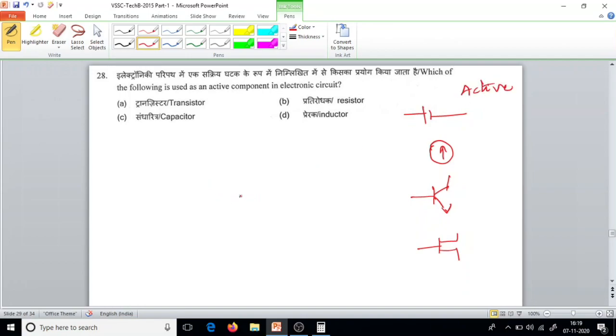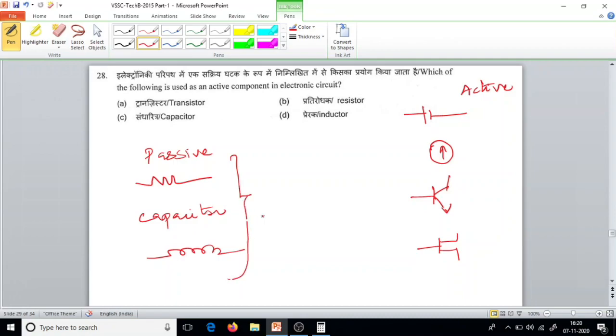That means they generate electrical energy. The resistor, capacitor, and inductor are passive components. These are also linear components.